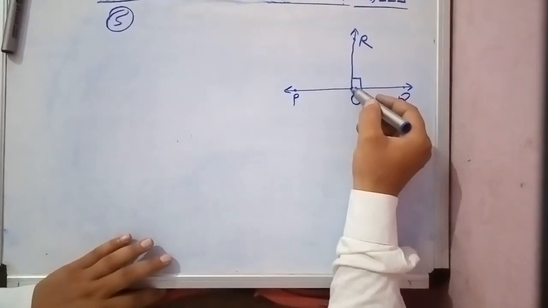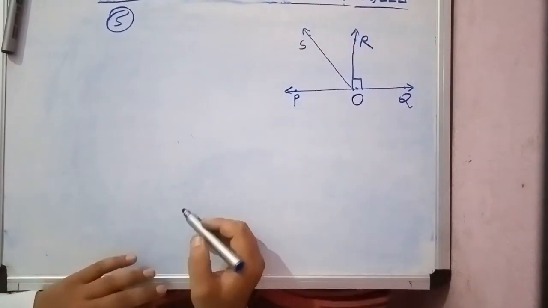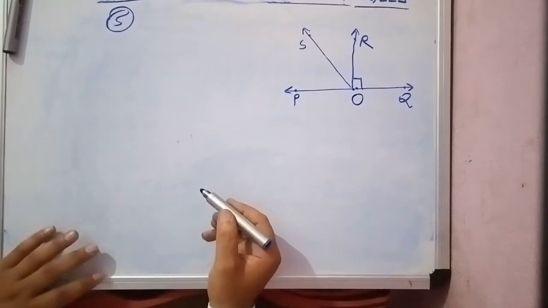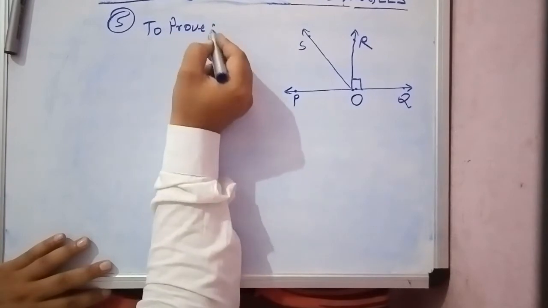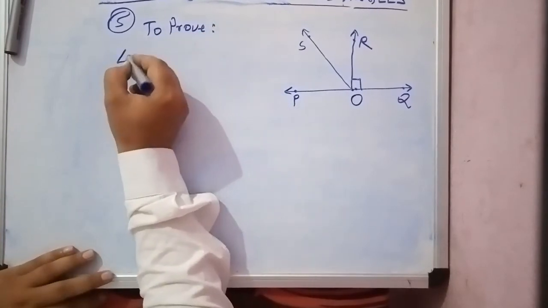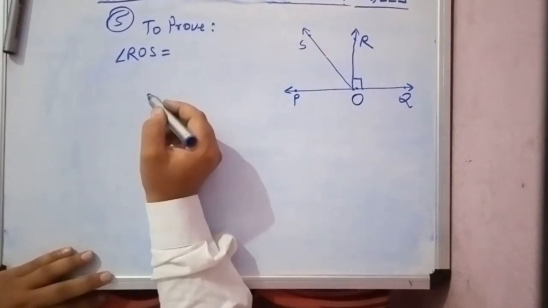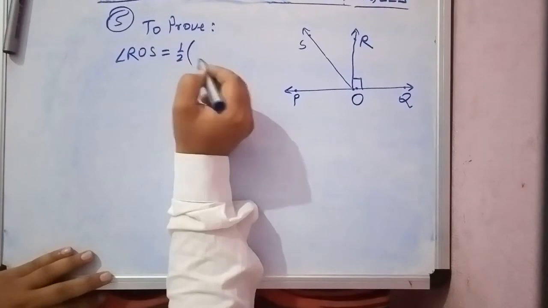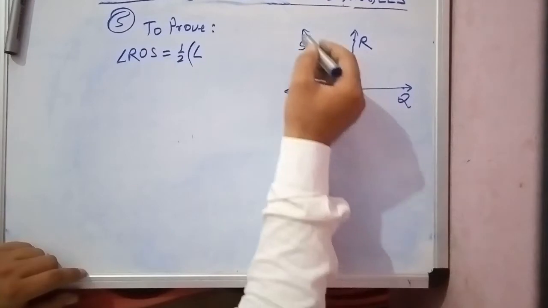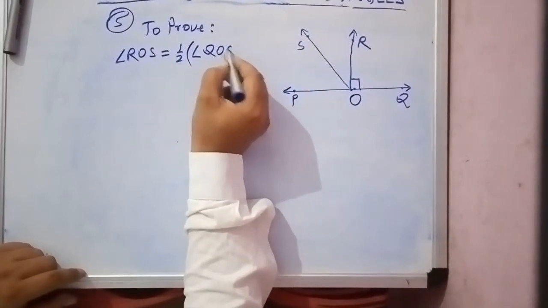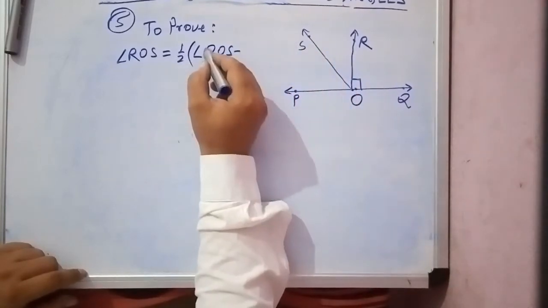A ray through O is given, OS, and we have to prove angle ROS equals half of angle QOS minus POS.